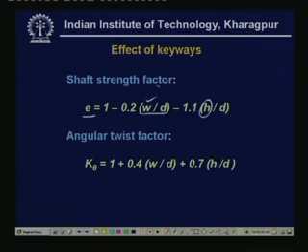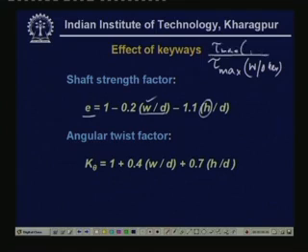The strength factor is the maximum torque bearing capacity T max with key, divided by T max without key.